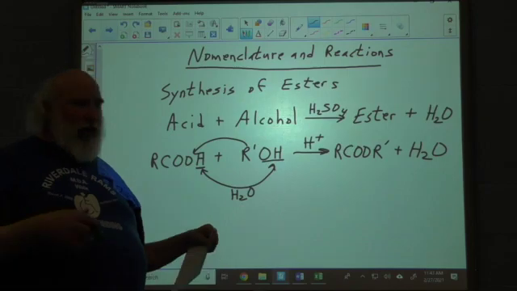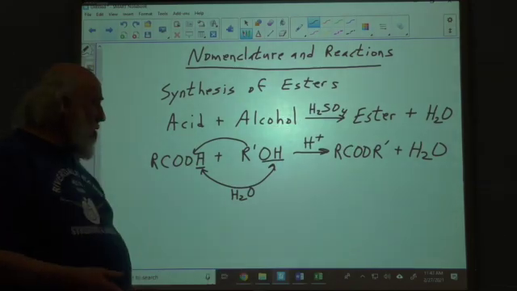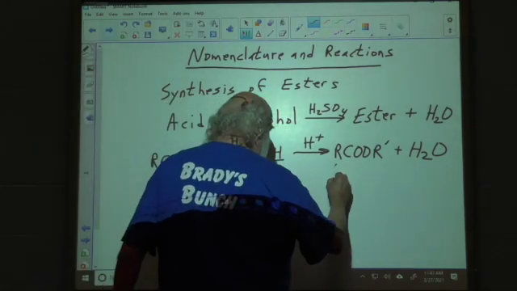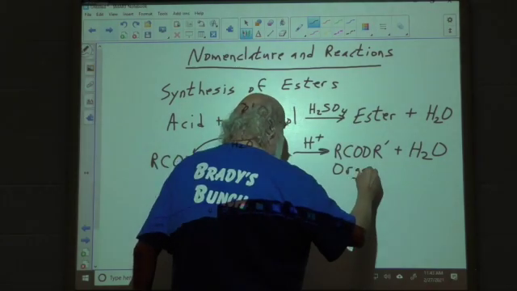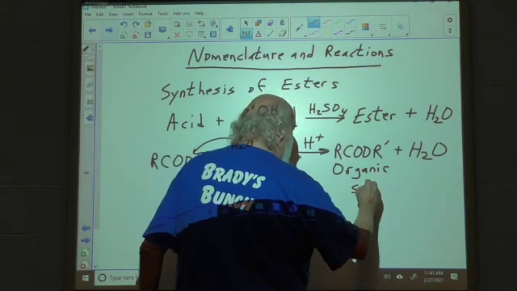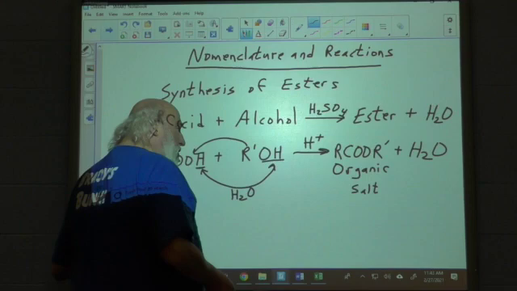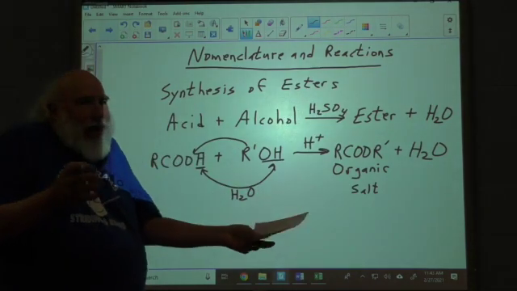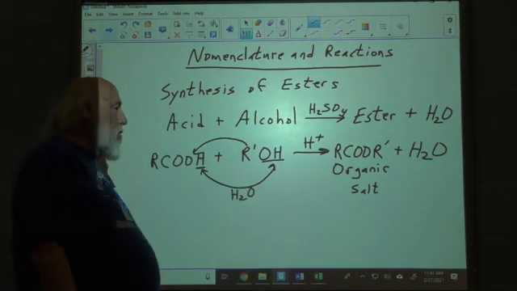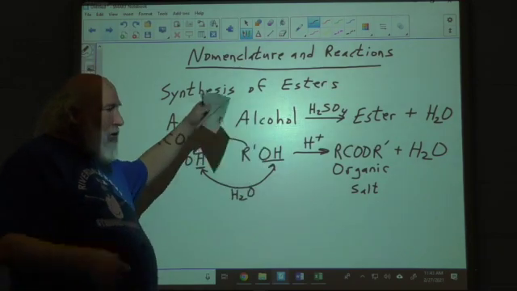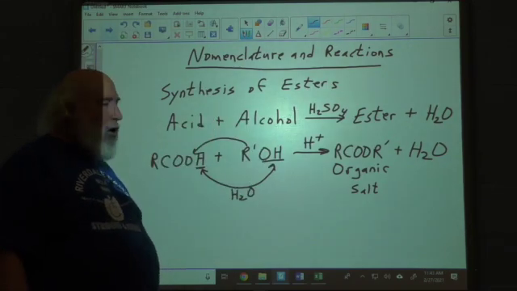That was a salt. Any ionic compound is called a salt. We call this an organic salt because it's coming from an acid-base reaction with some technical differences. So an ester is an organic salt that's dissolved in water.